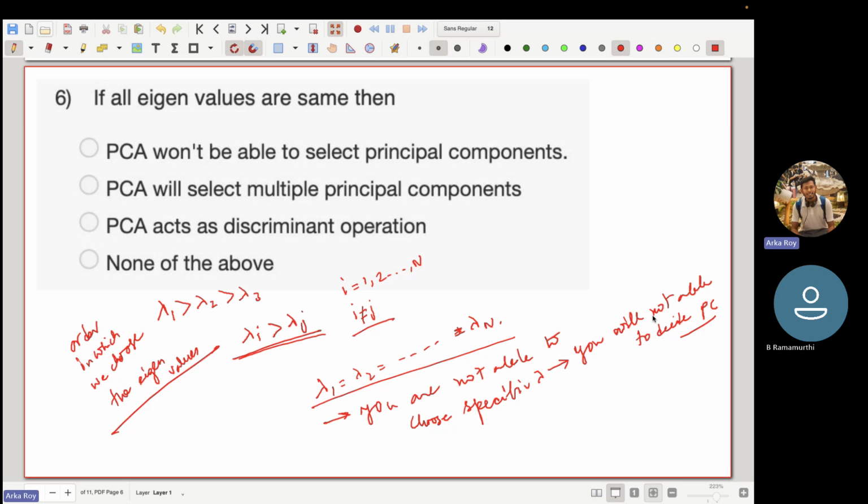So you'll not be able to decide which PC to consider. So that is the full sentence. You'll not be able to decide which PC to be considered.